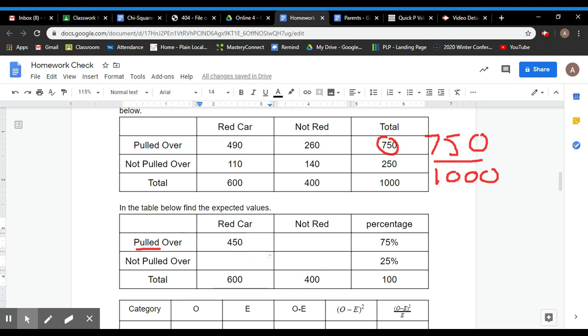If you want the expected value of red cars who were not pulled over, you would do 25% of 600 because that's this box's intersection, 25 and 600. So 25% of 600 is 150.